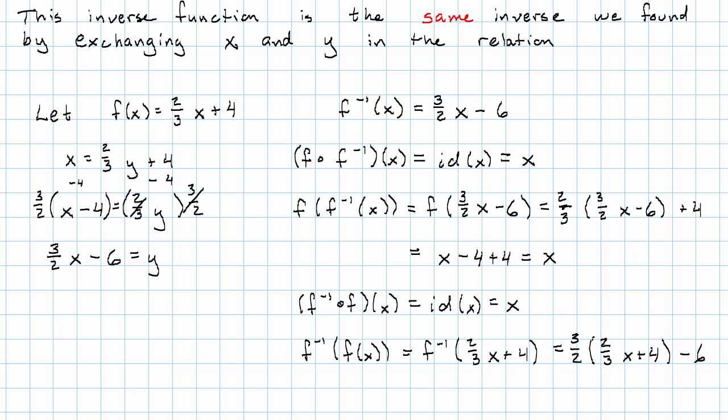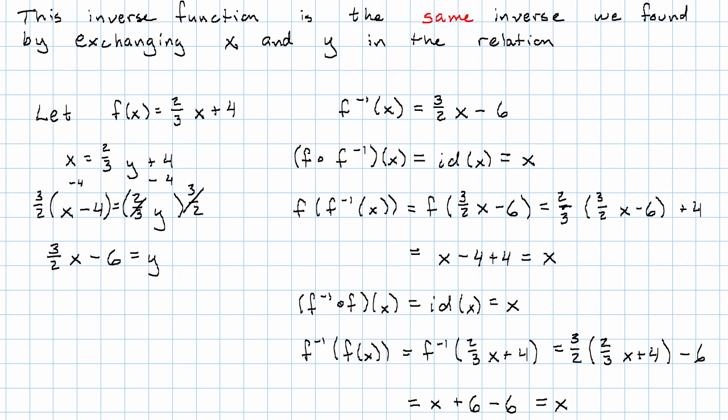Simplifying this, first we'll distribute. 3/2 times 2/3 is just 1, so that's just x. 3/2 times 4 is 6, so we'll have x plus 6 minus 6, which is indeed x. Okay, that's actually pretty neat.